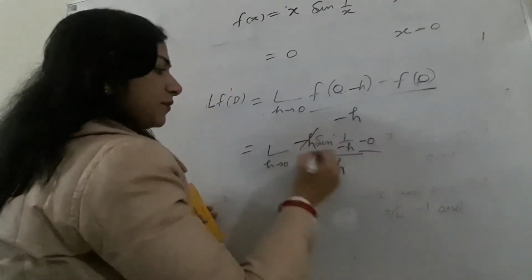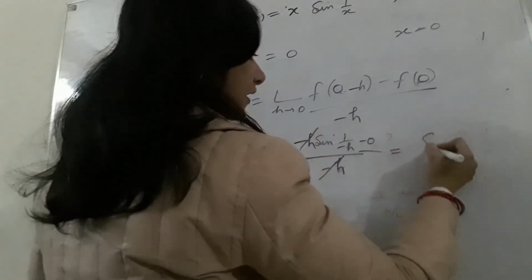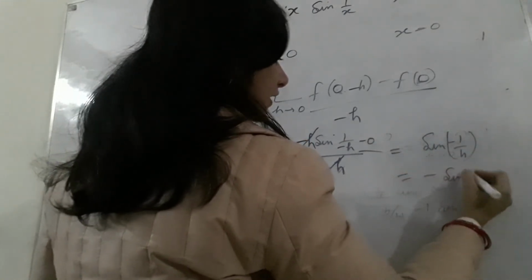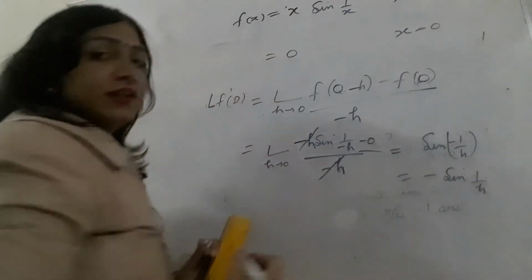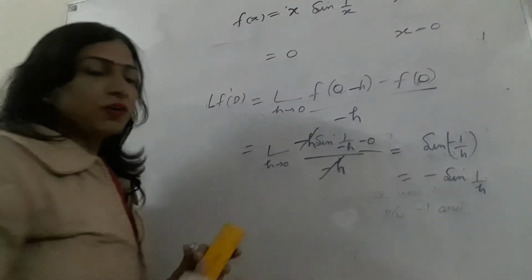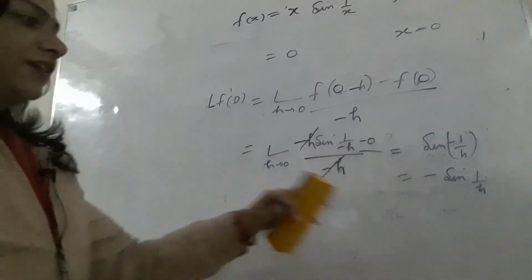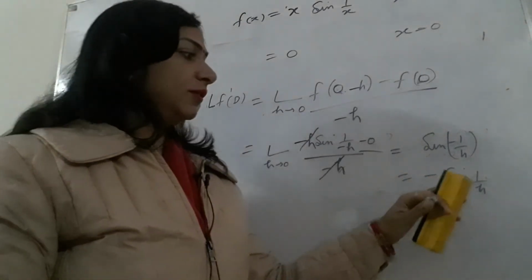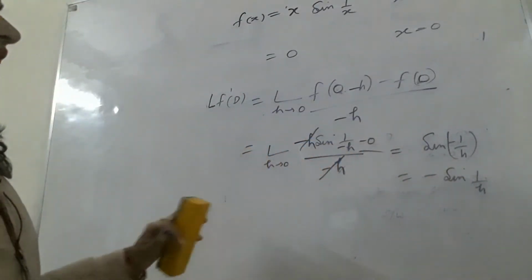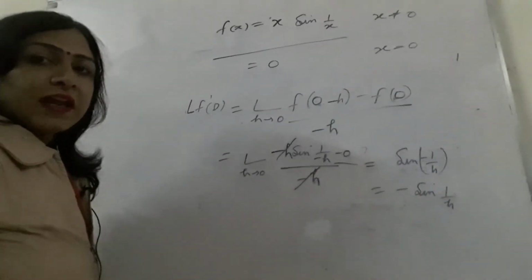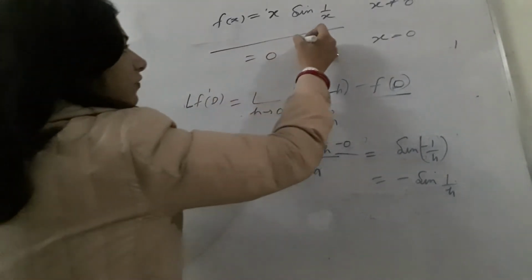Cancelling this minus h, we will get sine of minus 1 upon h, that is equal to minus of sine 1 upon h. Similarly, its value is also finite but oscillating between minus 1 and 1. So we do not get a unique value of the right hand derivative and left hand derivative. So we can say that the function f(x) equals x sine 1 upon x is not differentiable.